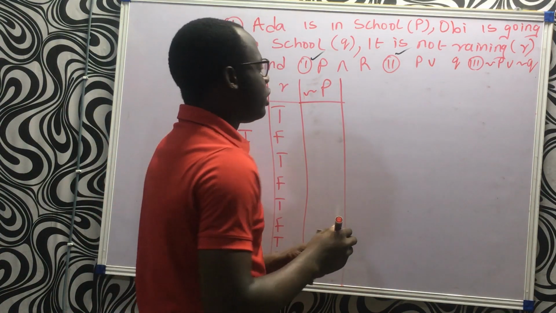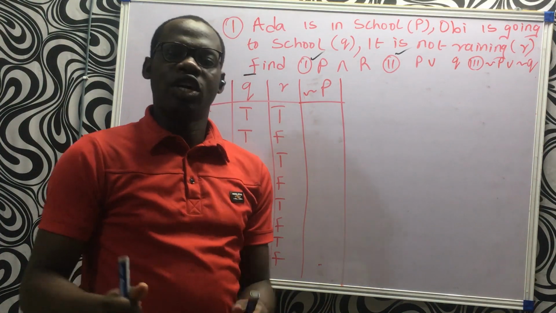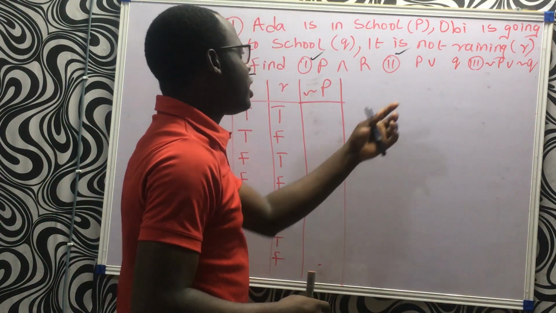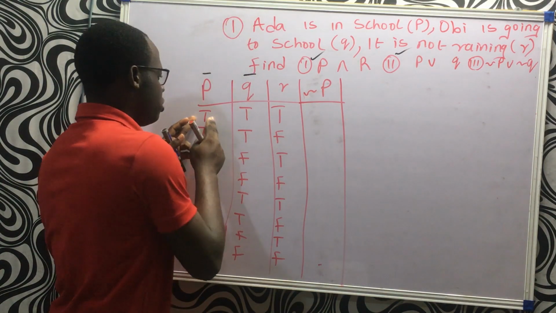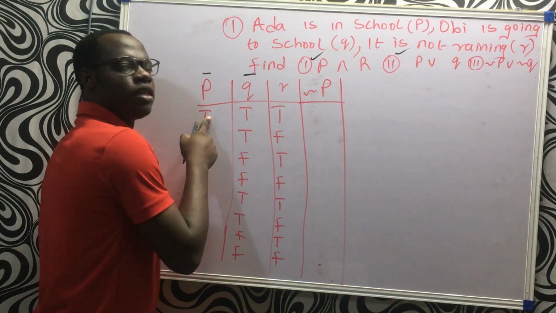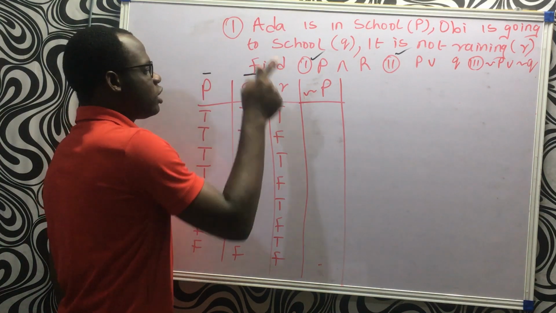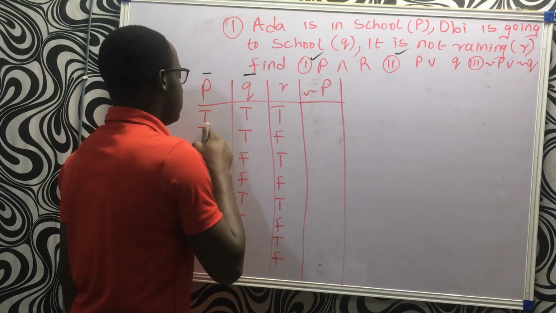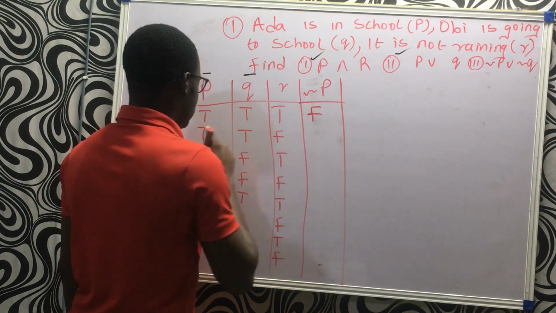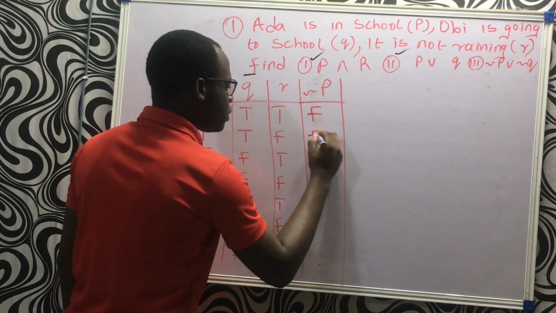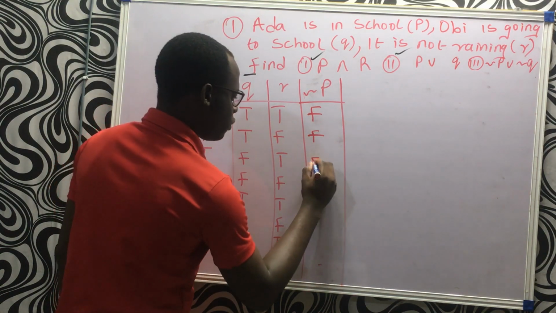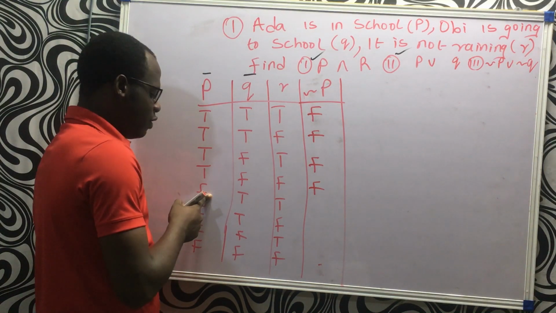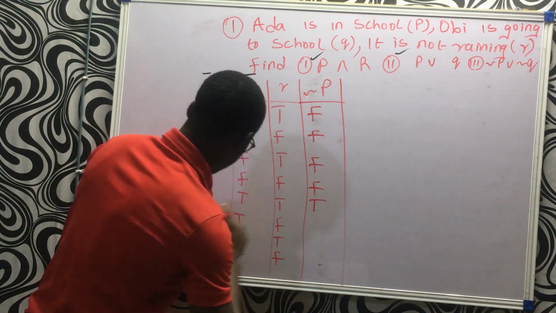Remember, the negation of a statement means the negative or the opposite of that statement. In the case of the negation of P, where P is true, the opposite of P becomes false. So where we have true, it is false. Where we have true, false. Where we have true, false. At the point where we have false, it becomes true.